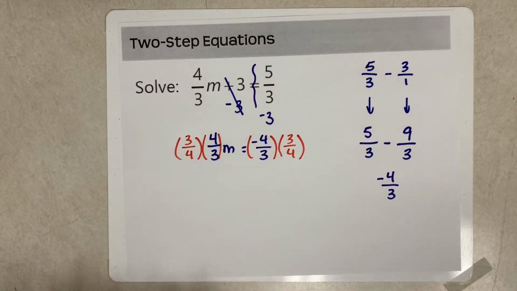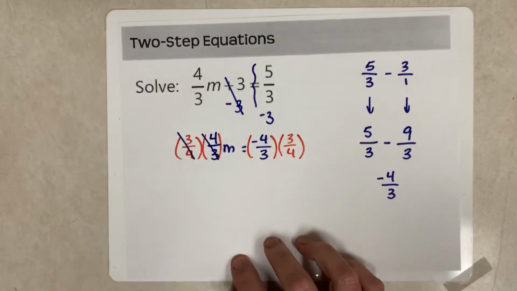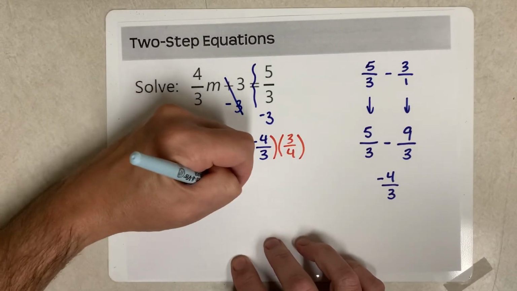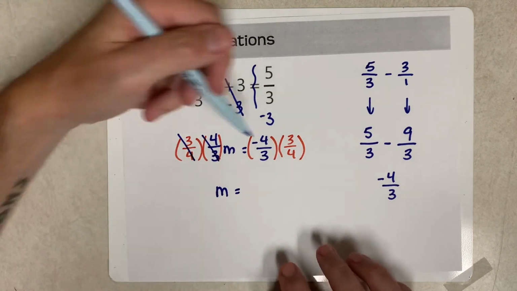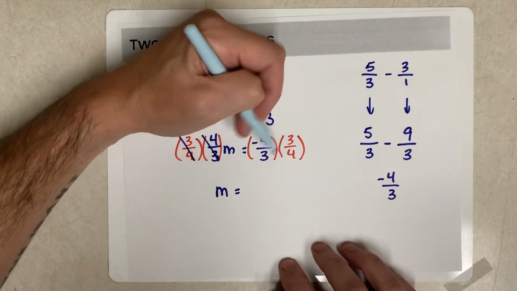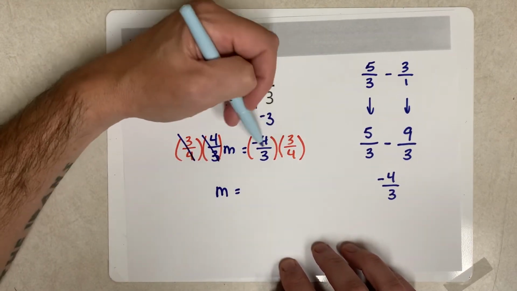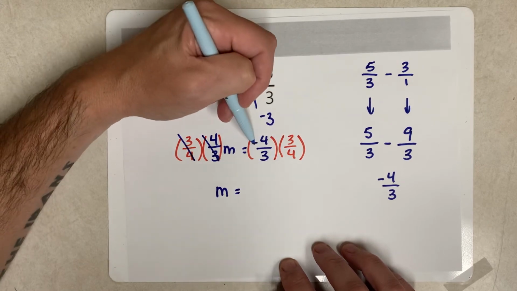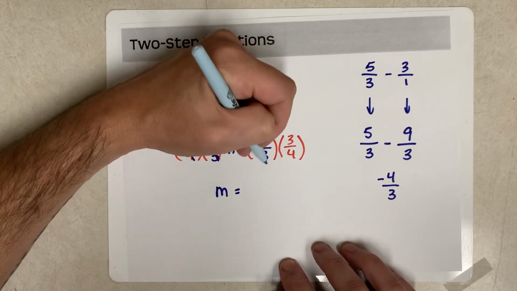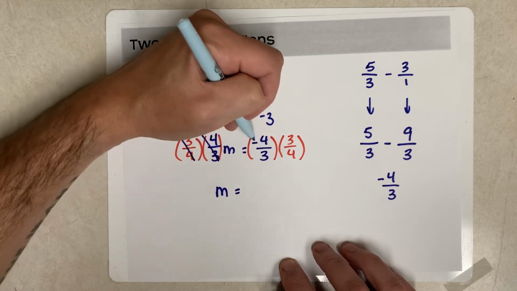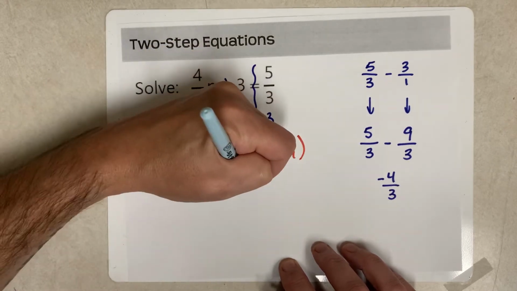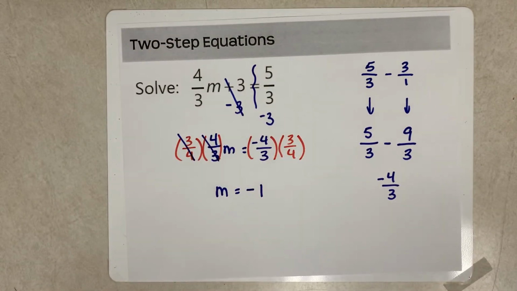When I multiply both sides by 3/4, multiplicative inverses cancel, bring down my m. These two 4s are going to cancel and these two 3s are going to cancel. These are almost multiplicative inverses except you have a negative there. So these two fractions cancel, they make 1, but the negative is still there, and so it's really going to be negative 1.